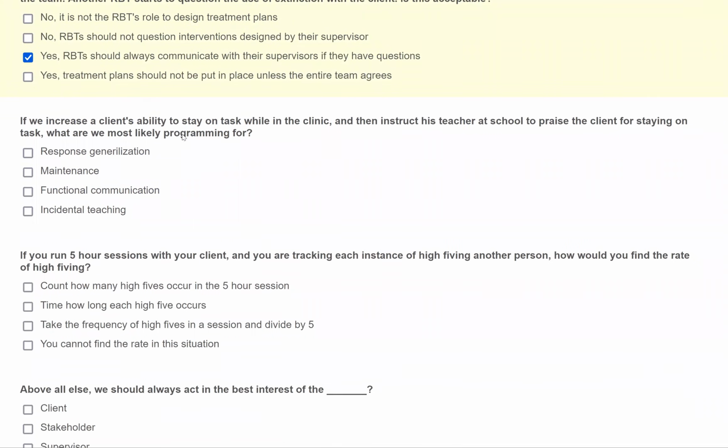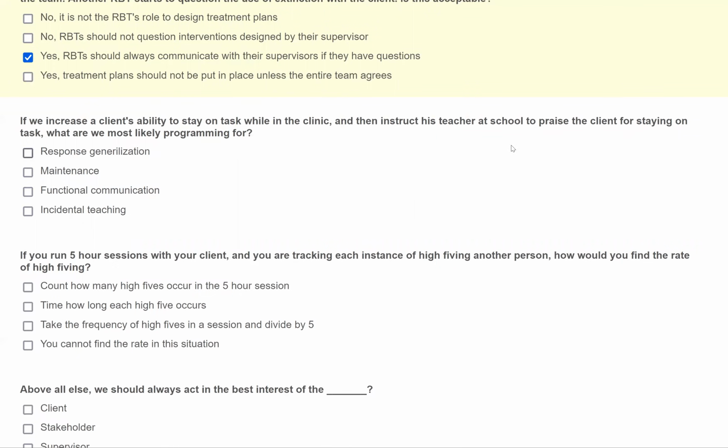If we increase a client's ability to stay on task while in the clinic and then instruct his teacher at school to praise the client for staying on task, what are we most likely programming for? Okay, be careful here. It's kind of a wordy, confusing question at first. Read carefully before jumping to the answer choices. We do increase a client's ability to stay on task while in clinic.